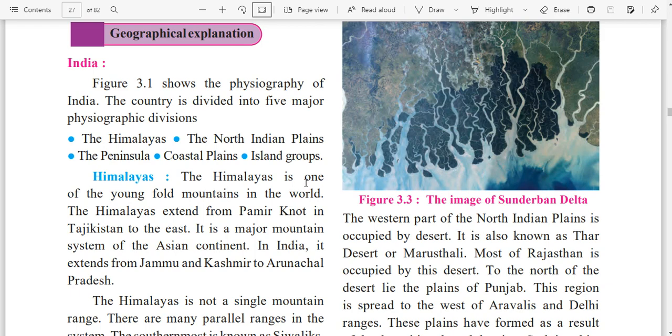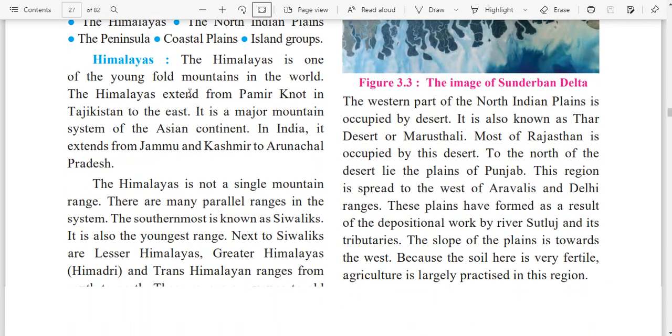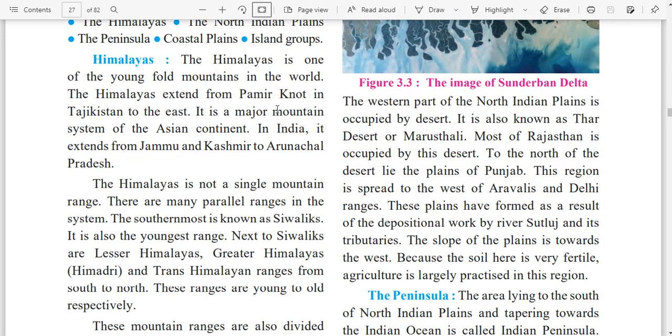The Himalayas is one of the young fold mountains in the world. The Himalayas extend from Pamir Knot in Tajikistan to the east. It is a major mountain system of the Asian continent. In India, it extends from Jammu and Kashmir to Arunachal Pradesh.